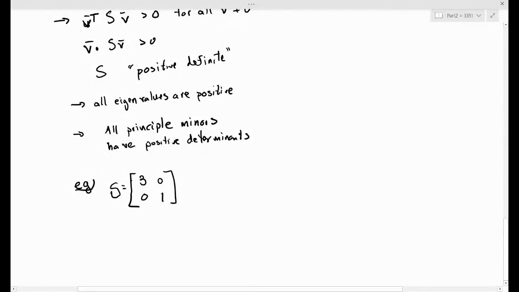Right? It's a diagonal matrix. So we see that the eigenvalues are 3 and, well, so first of all, let's check.